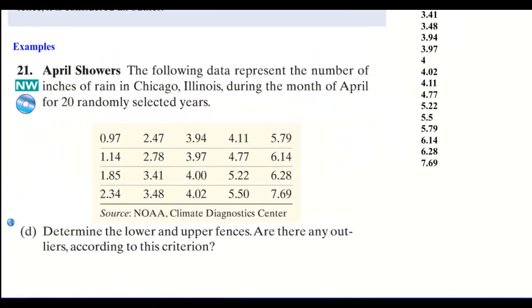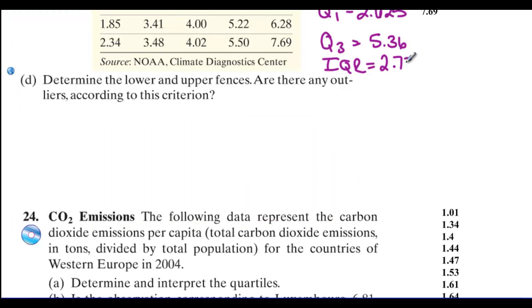Again, with our April showers, we need to go through and determine our upper and lower fences. Our Q1 was 2.625, our Q3 is 5.36, and our IQR is 2.735.